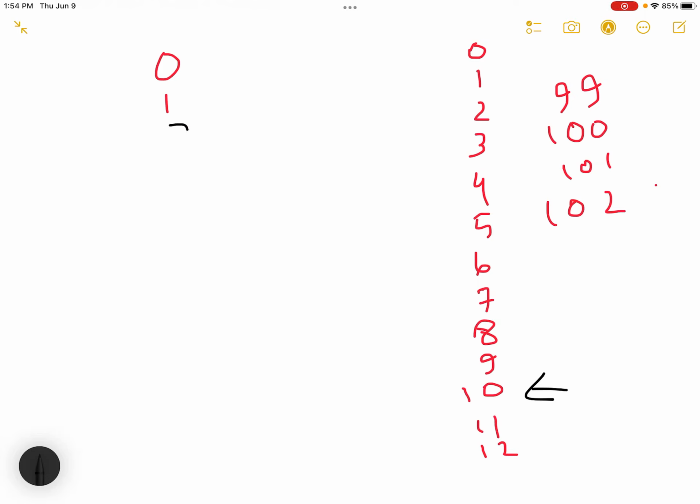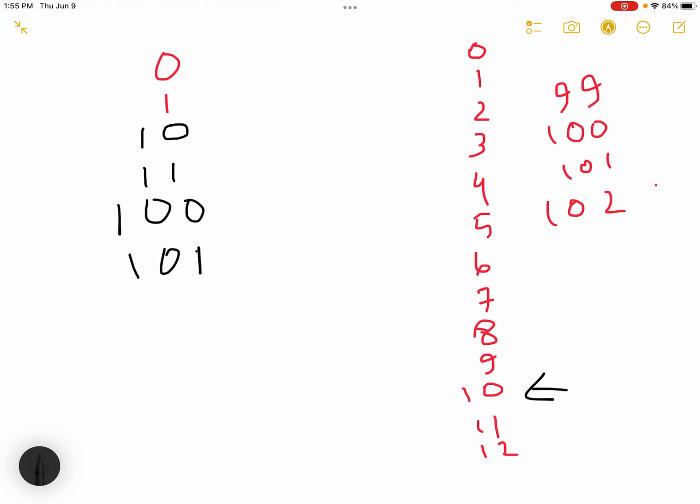So you put 0 and then you put 1 and you increase. Instead of 0, you can increase to 1, and now you run out of digits, right? You run out of new digits. What you do, you put a 0 and 0 and bring the number 1 here. So that's how you count.